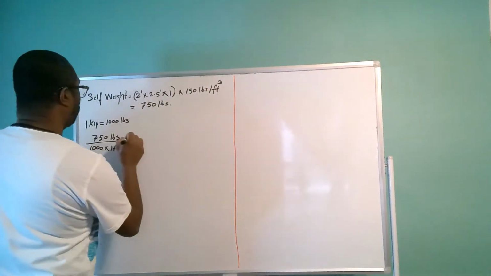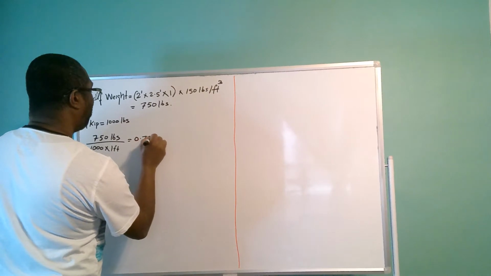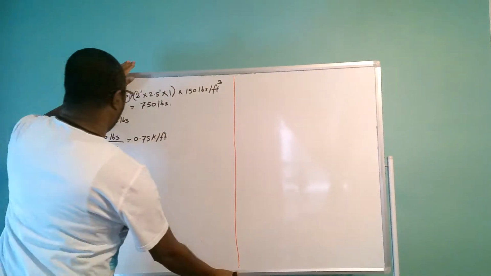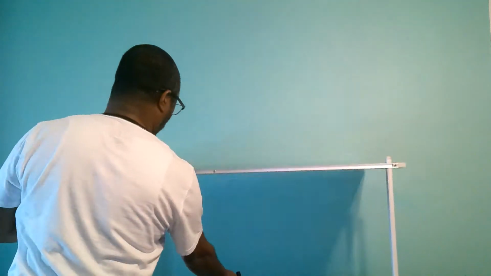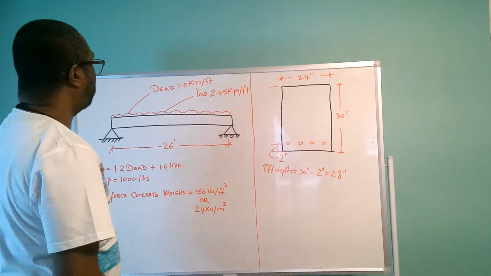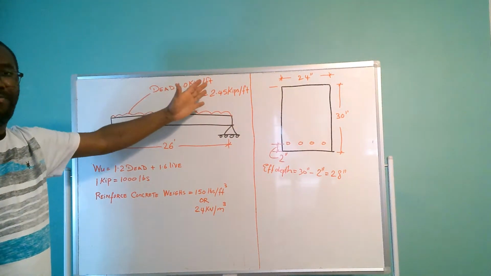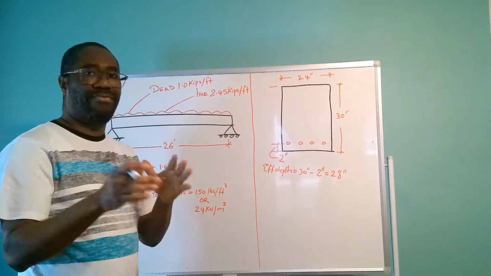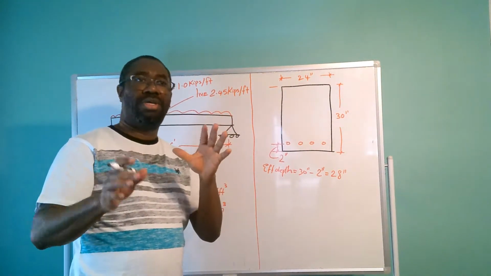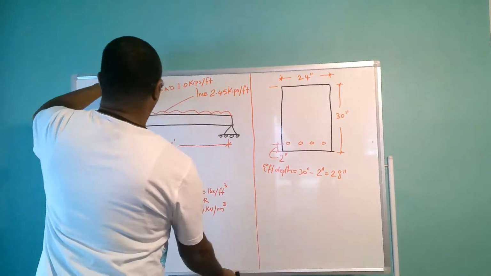So this will work out to be 0.75 kips per foot. Because remember now, the weight on the beam is given in kips per foot, so we have to convert the self-weight of the beam in kips per foot in order to be consistent with our units.